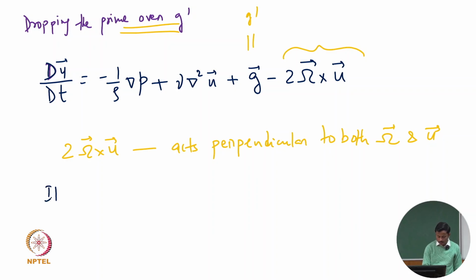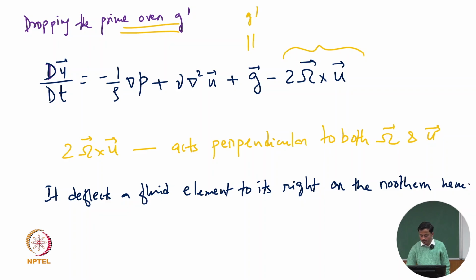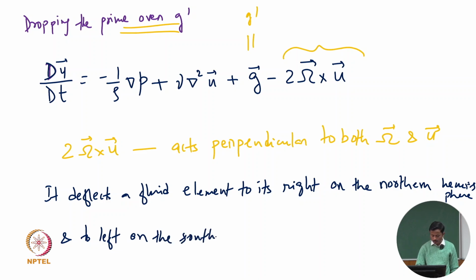So it deflects a fluid element to its right on the northern hemisphere and to the left on the southern hemisphere.